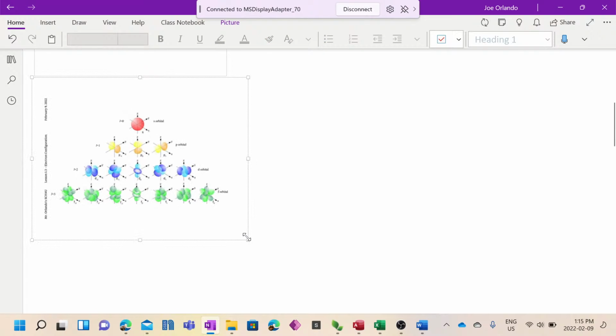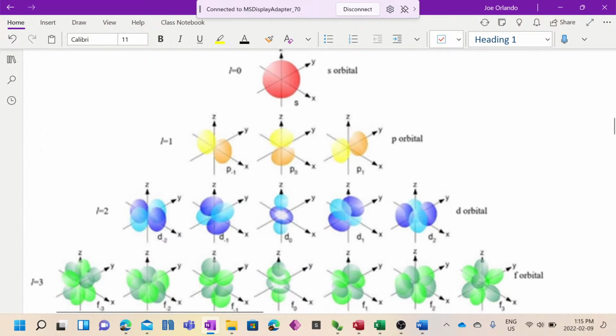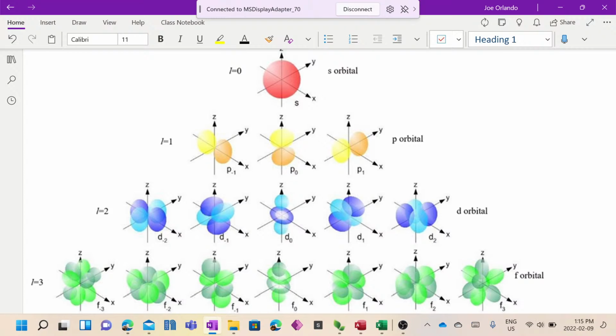Okay, so this is showing you, I wanted to give it to you nice and big, the shapes of each of these orbitals. Does that make sense? An s orbital is just a perfect sphere, which means that an electron in an s orbital isn't actually in a clean orbit, but it's moving, and at any time it is in that sphere shape.